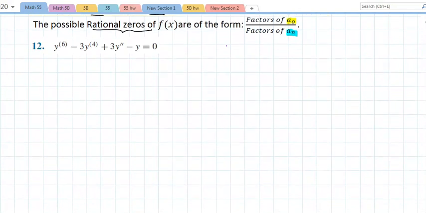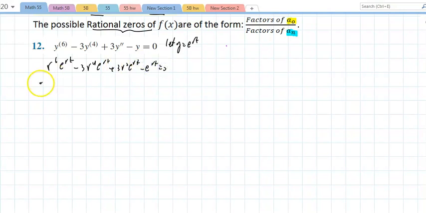So I'm looking at this problem. This is a 6th-degree polynomial. It is linear with constant coefficients. I'm going to let y equal e to the rt, and you know the drill. This is going to be r to the 6 e to the rt minus 3r to the 4th e to the rt plus 3r squared e to the rt minus e to the rt equals 0.